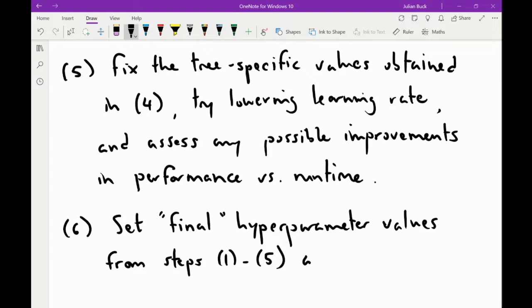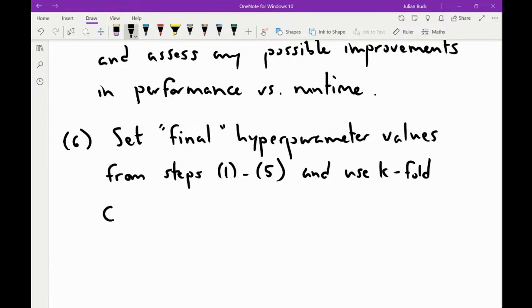And use k-fold cross-validation for more robust error estimates.